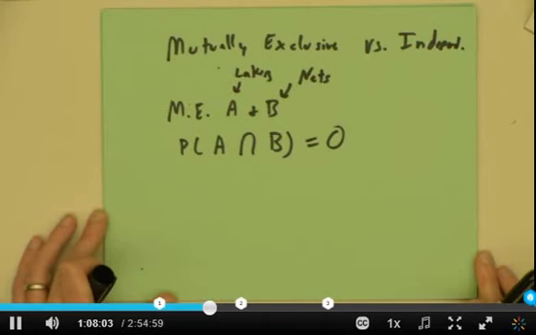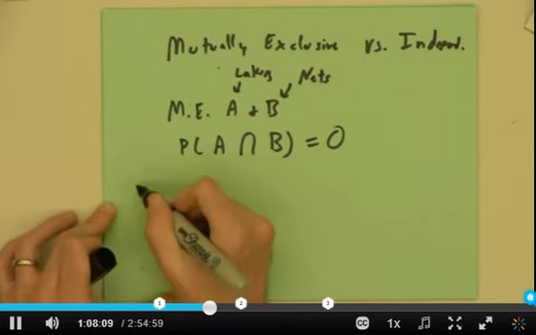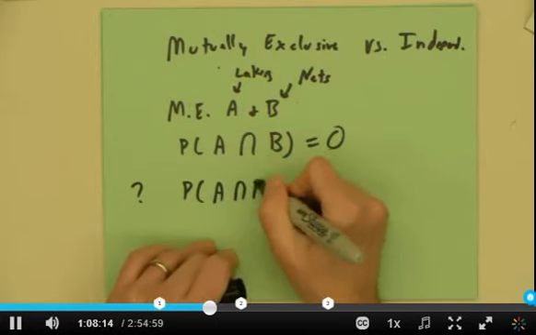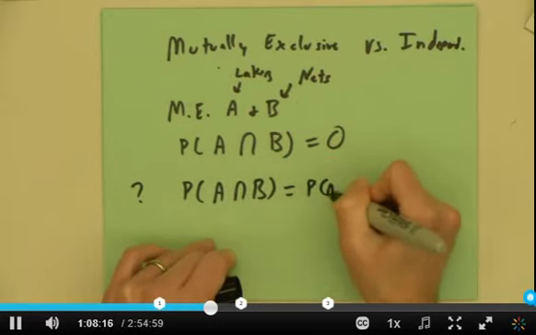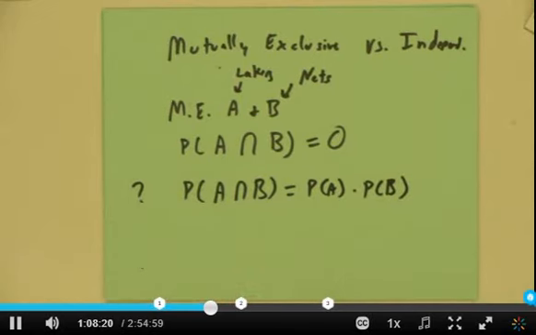Can they be independent then? So here's a question. Is P of A intersect B equal to P of A times P of B? That's the independence question.